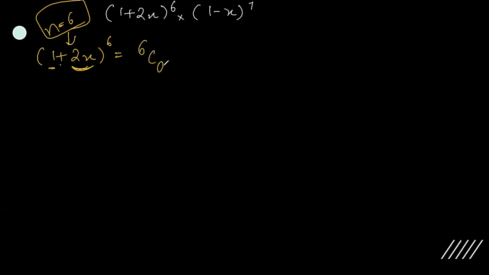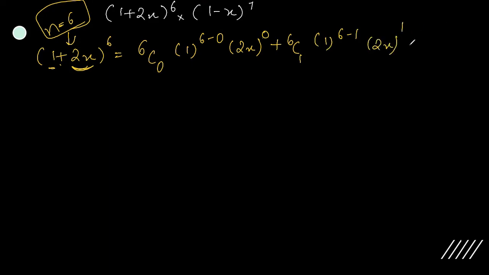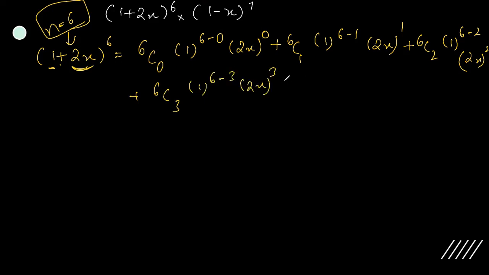So 6C0 when r is equal to 0, a is 1. So 6 minus 0, that is a raised to the power n minus r, and b is 2x raised to the power r, that is 0. Then second, when r is equal to 1, 1 raised to the power 6 minus 1, and 2x raised to the power 1. Then 6C2, 1 raised to the power 6 minus 2, and 2x raised to the power 2. When r is equal to 3, 1 raised to the power 6 minus 3, and 2x raised to the power 3.